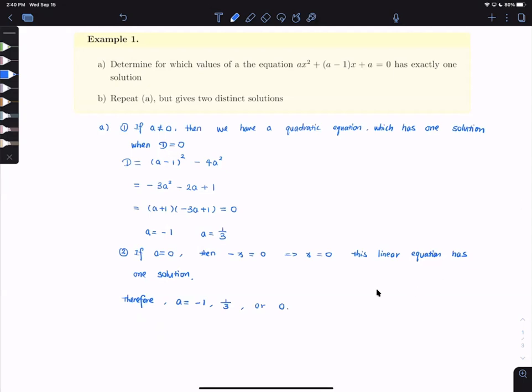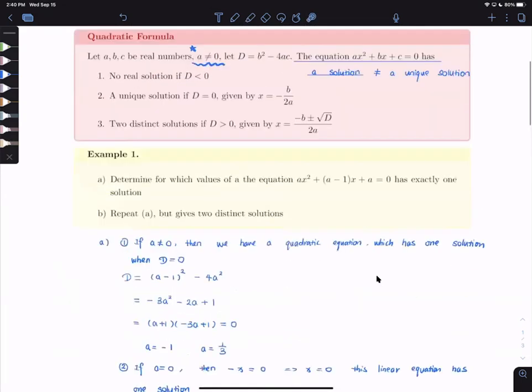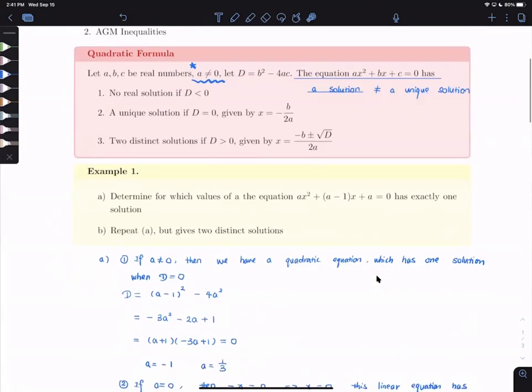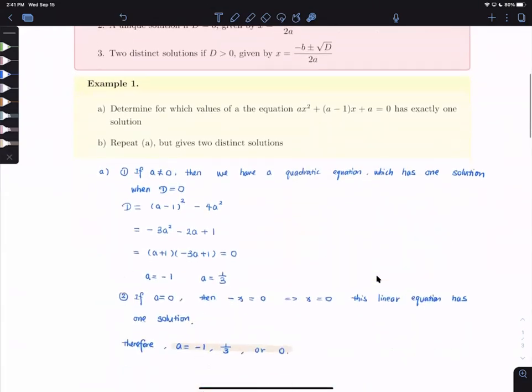Okay? Does this make sense? So this is my final answer. That's why I said you guys will make mistakes, because you're not going to remember this. Okay, that's a common mistake.